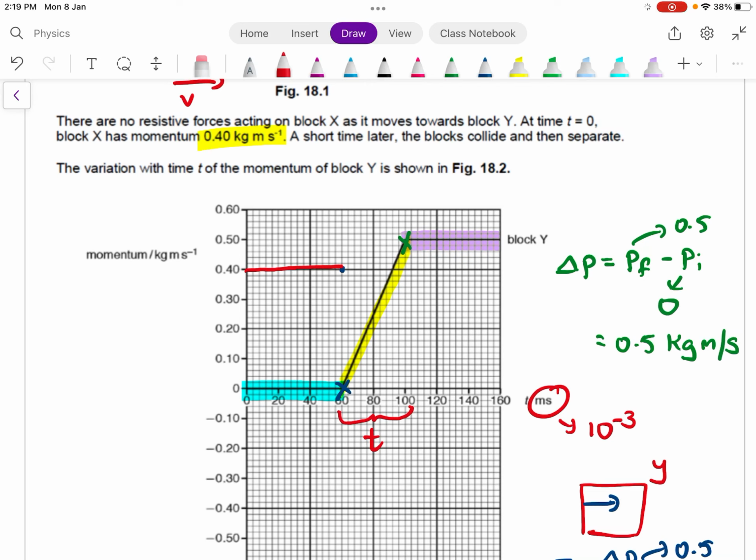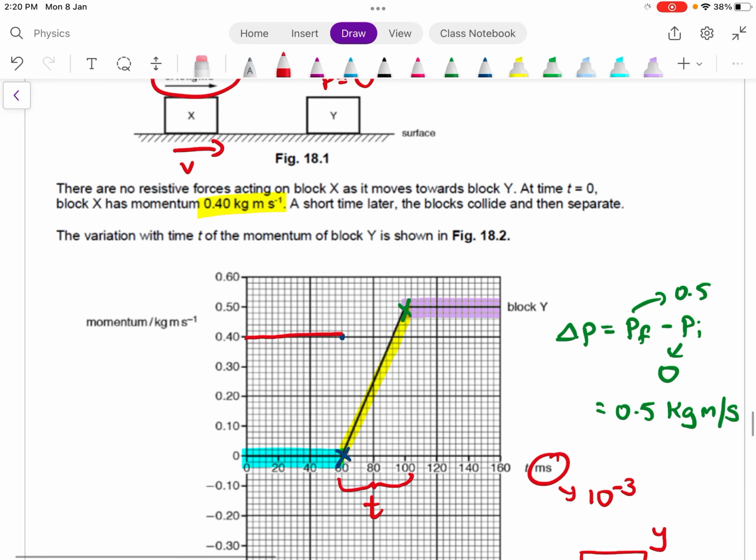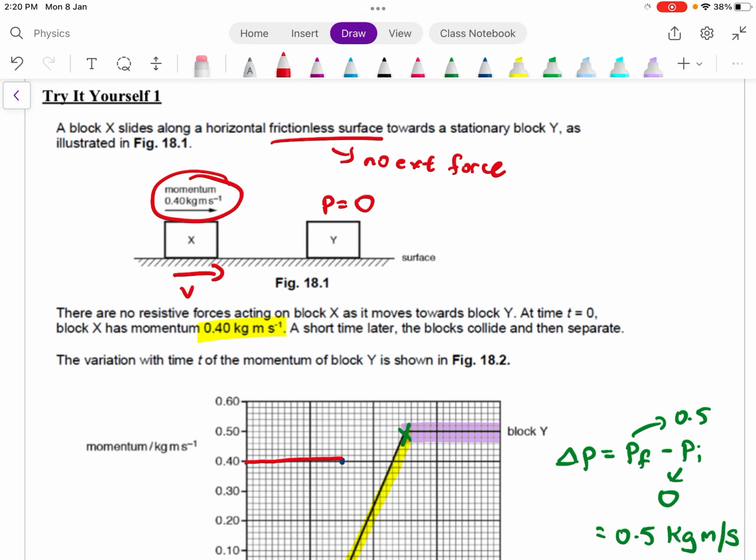Okay, so I don't sketch the collision first. I sketch the after the collision. What is the momentum after the collision? So meaning that, for example, we must use the PCOM. Initially, look at both of these X and Y. The total momentum, so momentum before collision is equal to momentum after collision.